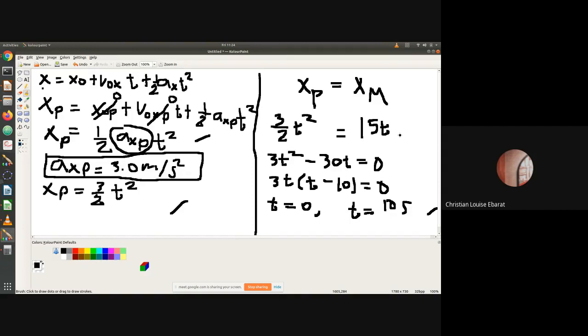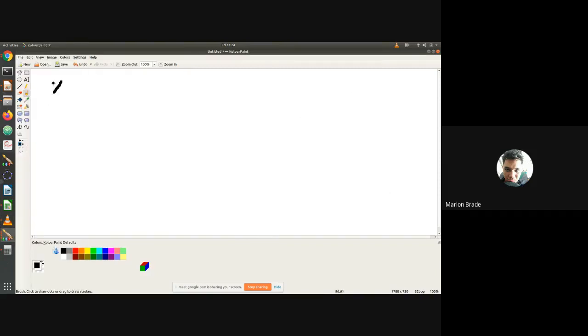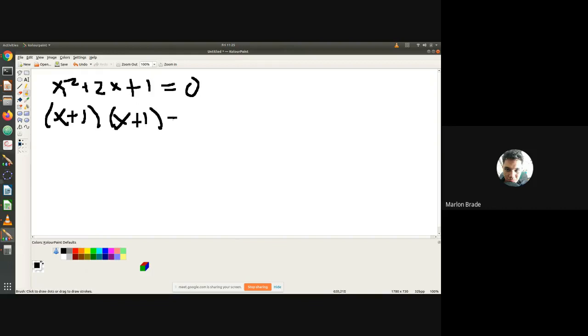Yun sa pagkuha ng t minus 10, sir. Kanang 3t times t minus 10 equals 0. Di ba kung quadratic equation na, example, x squared plus 2x plus 1, then mangita o ng mga roots, imong ikuan, x plus 1 times x plus 1 equals 0.